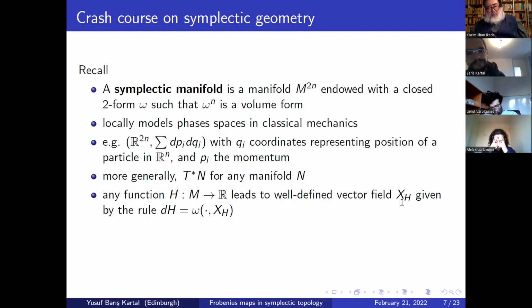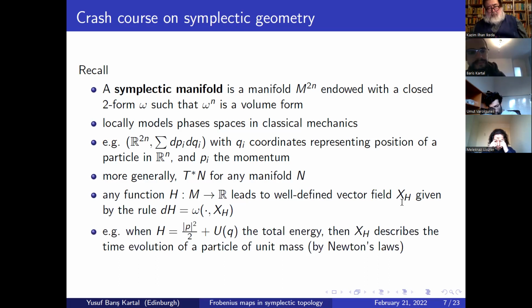It's the definition. And the example is when you take your Hamiltonian to be the kinetic energy plus the potential energy, the total energy. Then this describes the motion of a particle of unit mass, by Newton's laws.